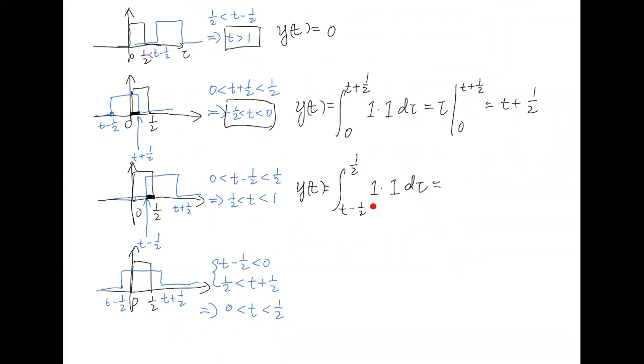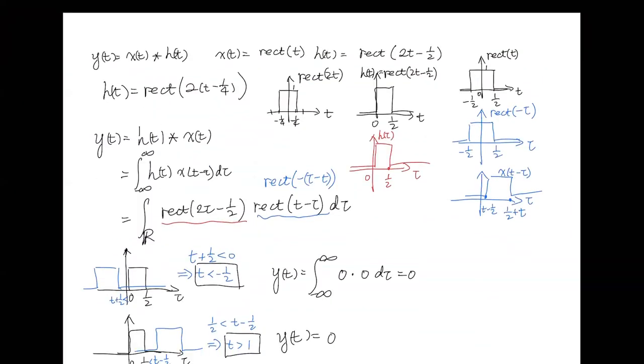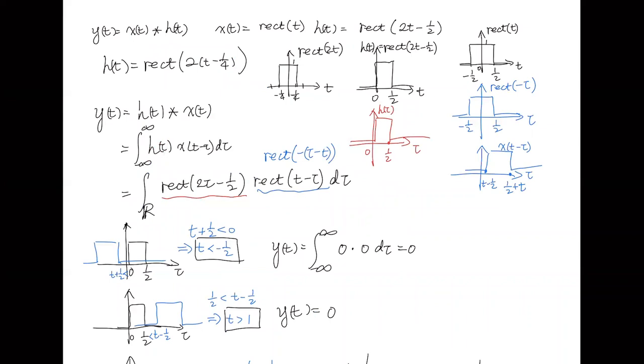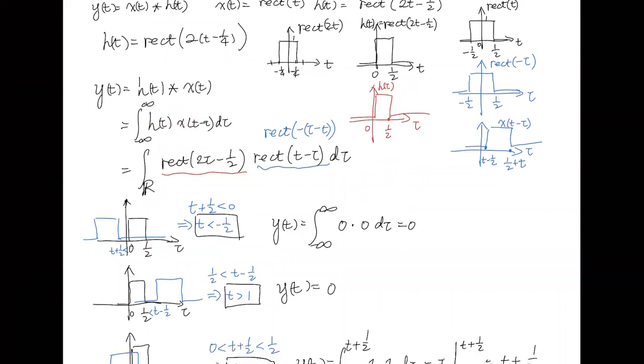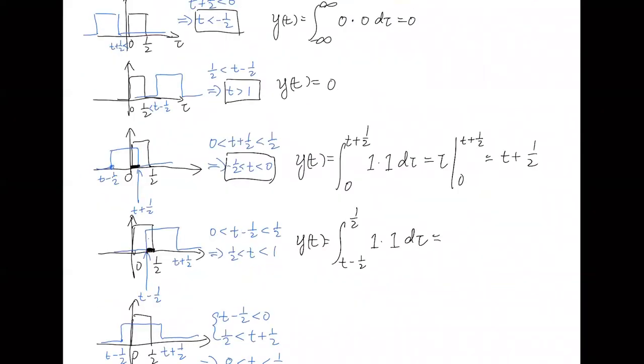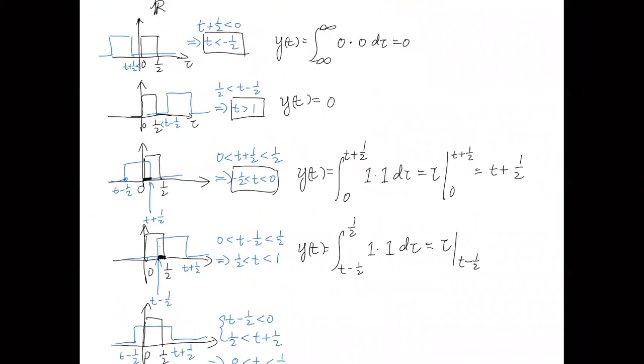If you're confused about what the 1 is, this h of tau is 1, this x of t minus tau is 1. So this is a 1, this is the other one. They have tau, from t minus half to half. So half minus t minus half, so that's 1 minus t.